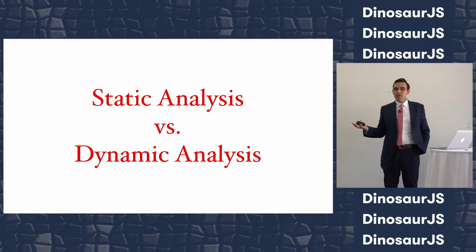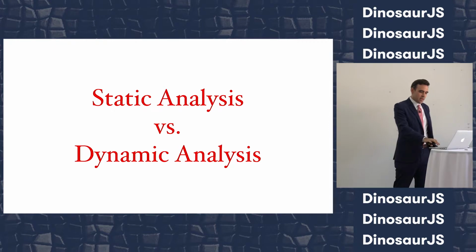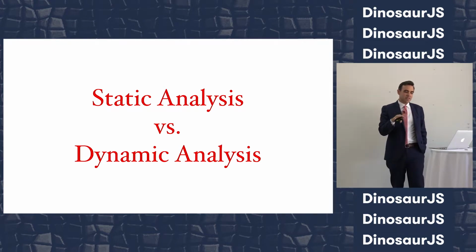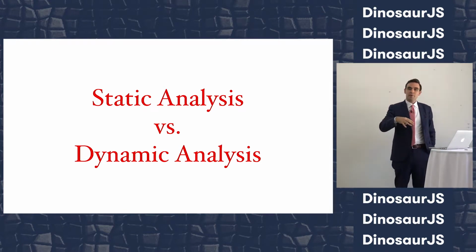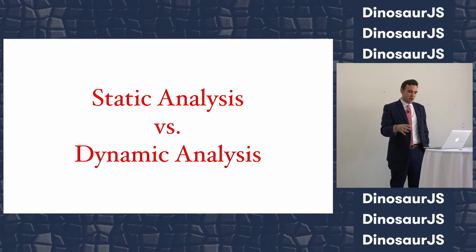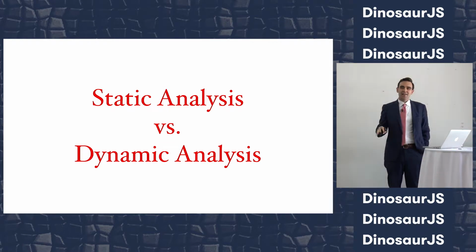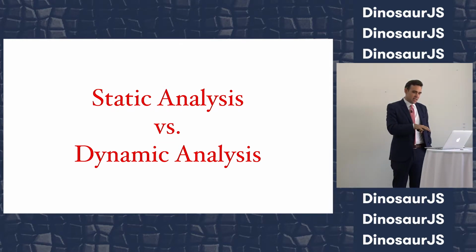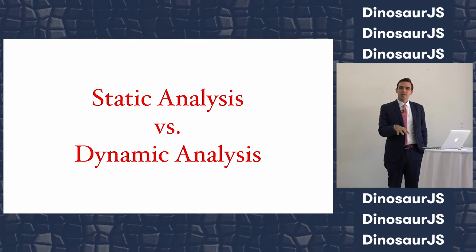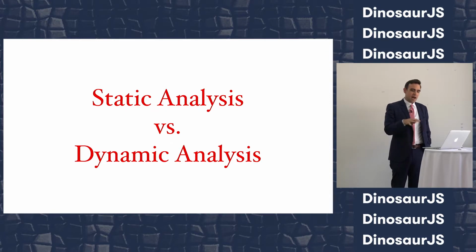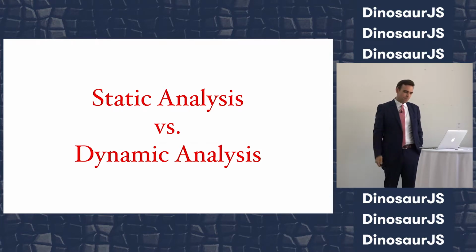Because if it guesses wrong, your app breaks. So optimizations that use runtime analysis can collect information about how a program actually runs, so they don't have to guess. But requiring the program to run in order to optimize it is a bit of a catch-22. By definition, it means that the first run will be running unoptimized code. And that's the opposite of what we want on the web, where we want things to feel instant.